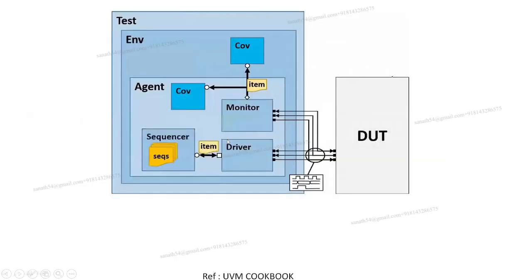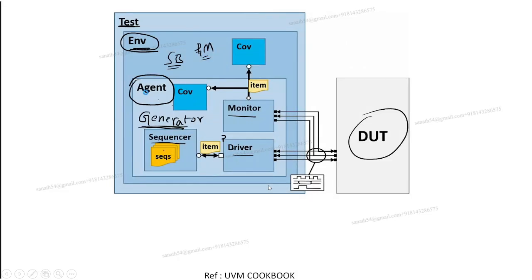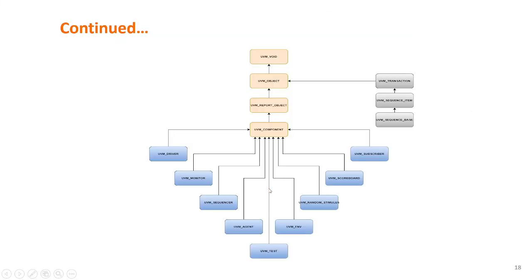In UVM, you have the test, the environment, and an agent. In the agent you have the monitor and driver, and in place of the generator you have a sequencer, which is connected to the DUT. So this is the basic test bench for UVM: test, environment, and in the agent the sequencer, monitor, and driver, plus the scoreboard and reference model.